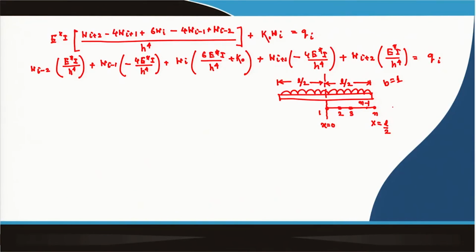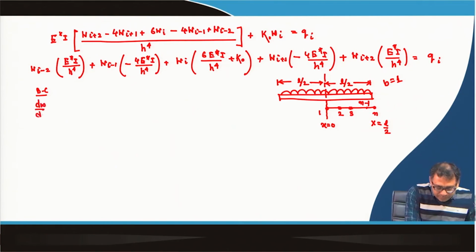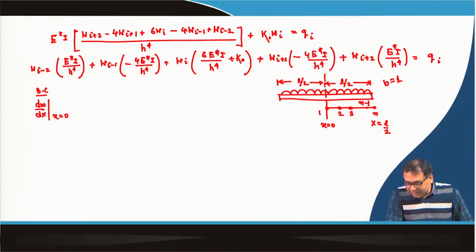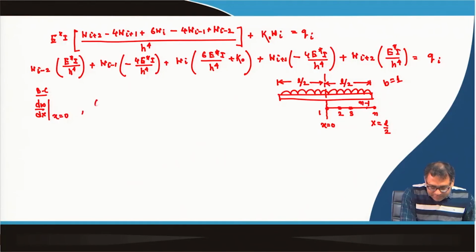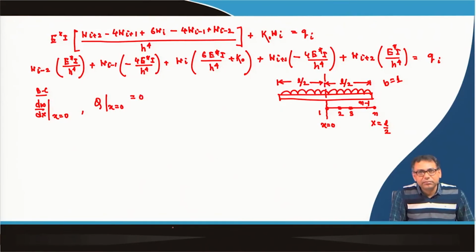So, what to do? Here we have to apply the boundary conditions. Now it is a finite beam, a free end beam. So, we have 4 boundary conditions. What are these 4 boundary conditions? Because here we have taken the half portion of the beam and the loading is symmetric. As the loading is symmetric and it is UDL, the slope at x equal to 0 will be 0, and in the center the shear force at x equal to 0 will be 0.